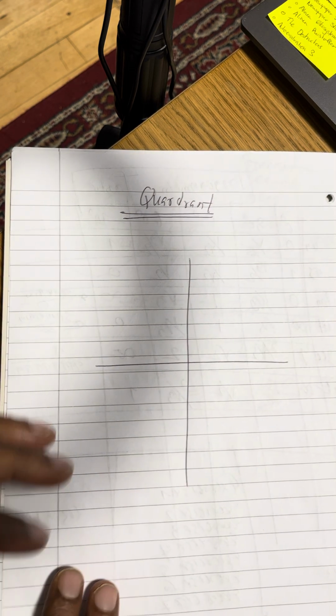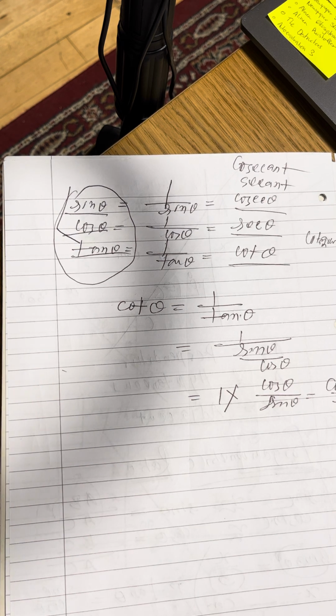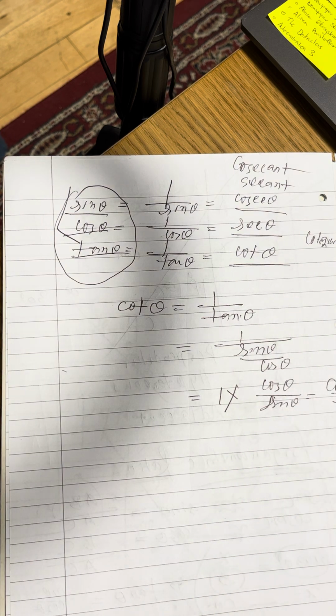After this lesson you will be able to answer what is the value of sine 120, what is the value of cos 15, I mean the angles which do not belong to this table. From the quadrant, we will reduce all those bigger values to values within this table. That is the objective.